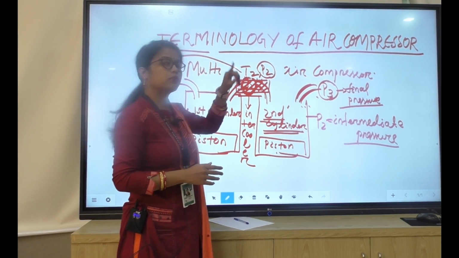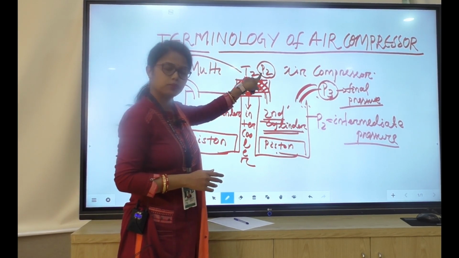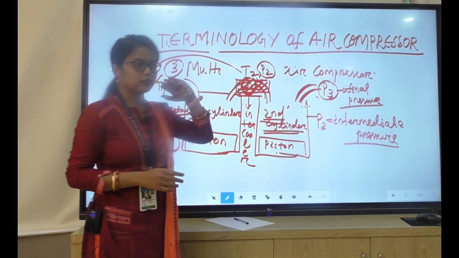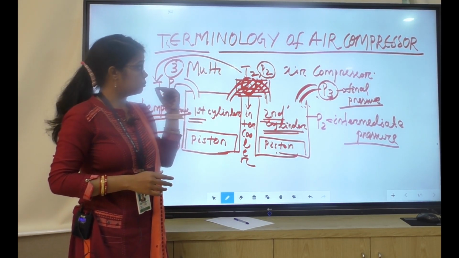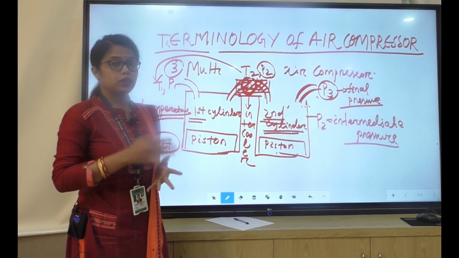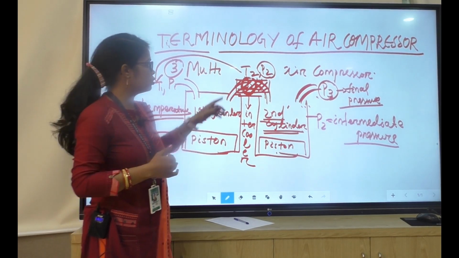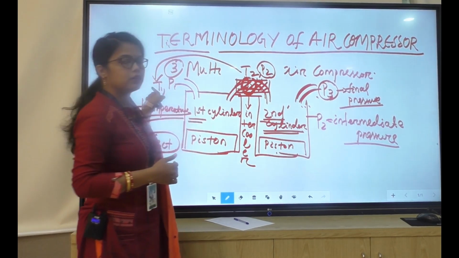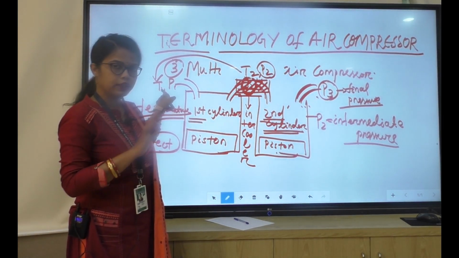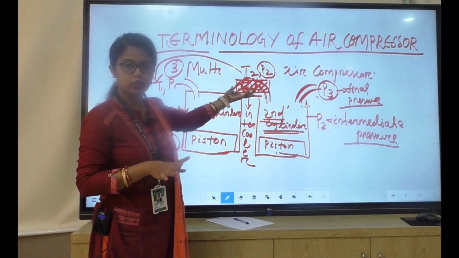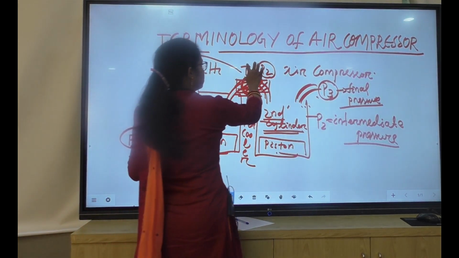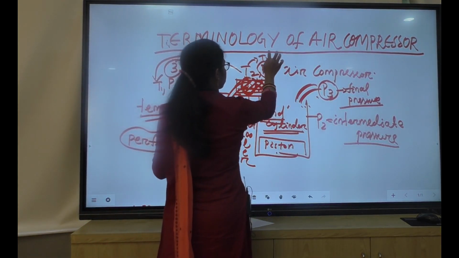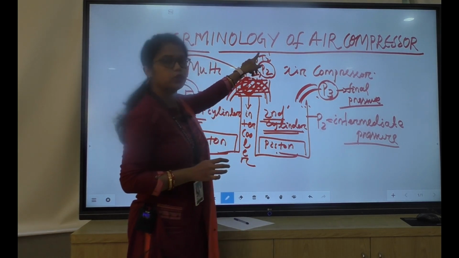That means, what is the pressure? The pressure is the intermediate pressure, that is P2. At that particular pressure P2, the temperature is reduced up to the initial temperature, or any temperature, depending upon the intercooling process. Suppose the temperature is reduced up to T2 dash.